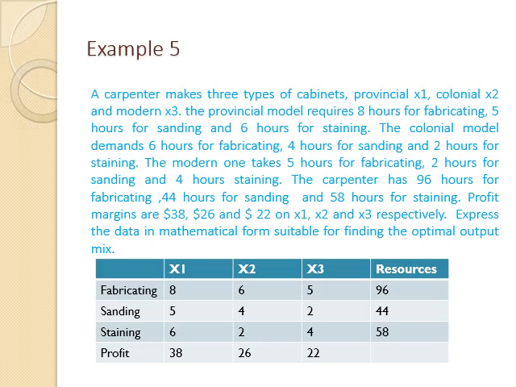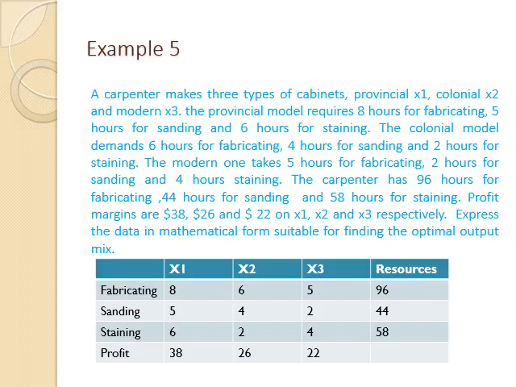Now, the example tells us that there are 3 decision variables and 3 phases of production: fabricating, sanding, and staining.